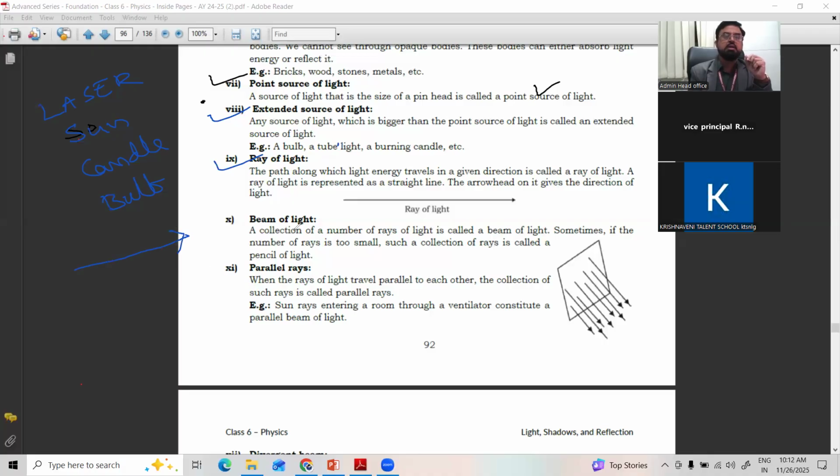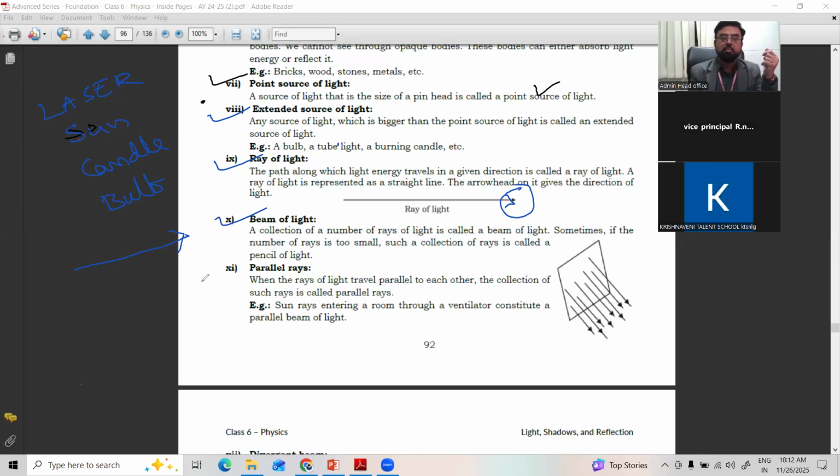The path along which light energy travels in a given direction is called a ray of light, represented by a straight line and an arrow. The arrowhead gives the direction of the light. In which direction the ray of light is going is given by the arrowhead.